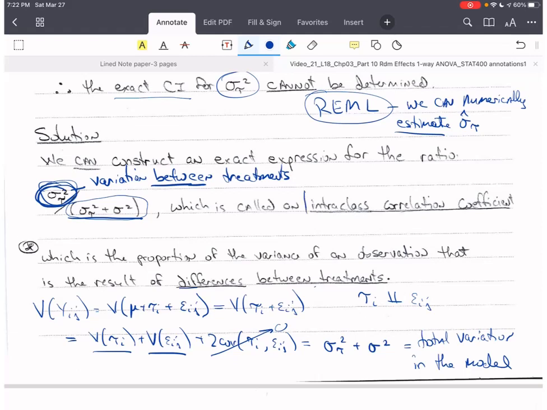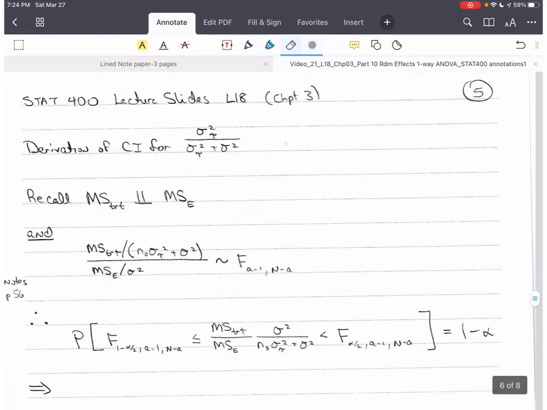And this is called an intraclass correlation coefficient. So right here we've said the proportion of the variance of an observation that is the result of the differences between treatments. All right, so let's do the derivation of the confidence interval for this intraclass correlation coefficient, this ratio.